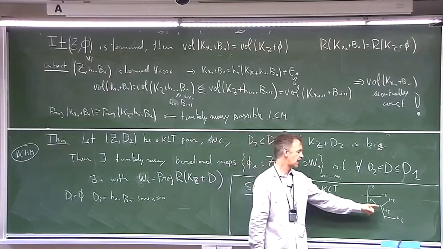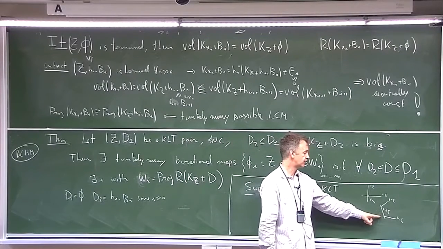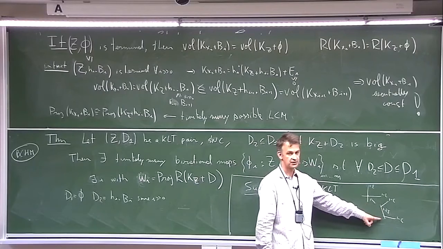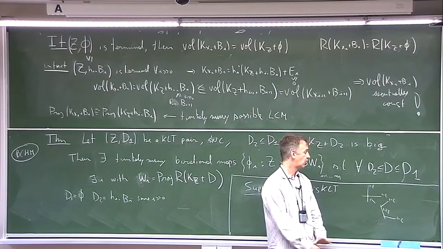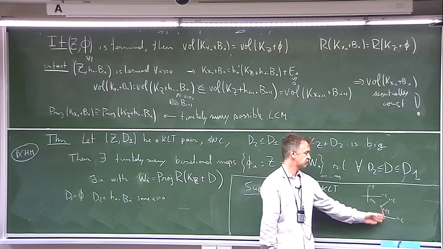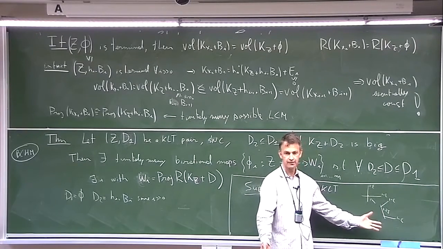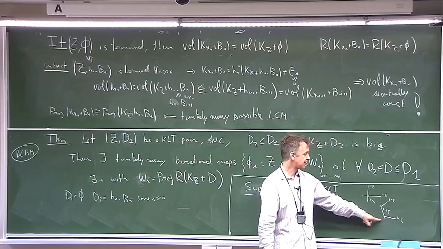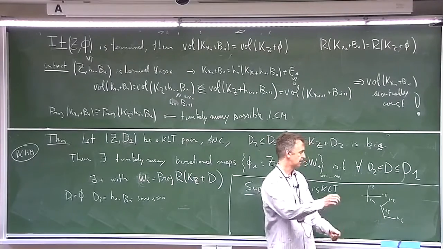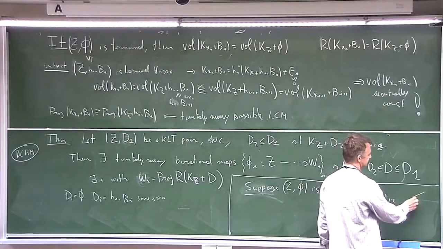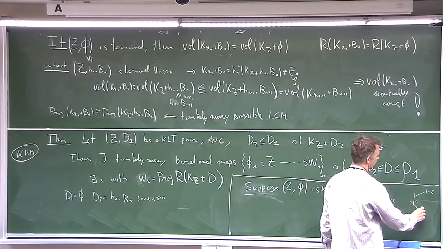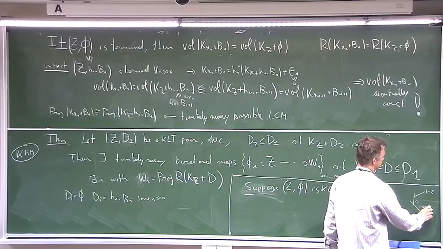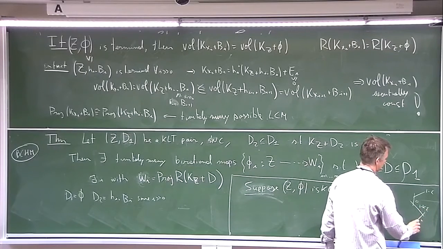And you see now that things have slightly improved. It's getting closer to being terminal. For example, if epsilon were 1/2, then this coefficient is 0 and it's already terminal. After finitely many blow-ups like this, you will get disjoint divisors, like with coefficients 1 minus epsilon, 0, 1 minus k epsilon, 0, and so on.